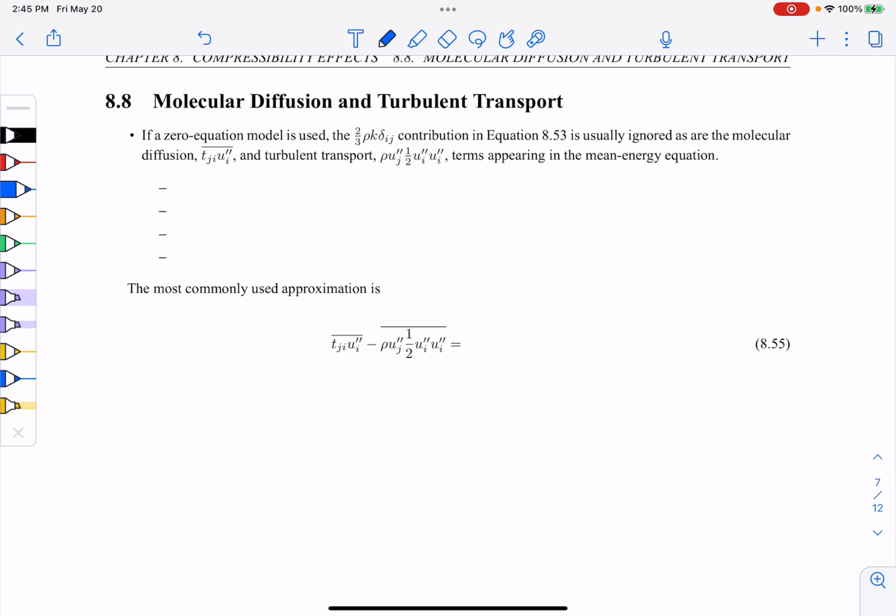This allows for a good approximation with flows where the Mach numbers are, say, up to supersonic ranges, because rho bar k is much less than production.